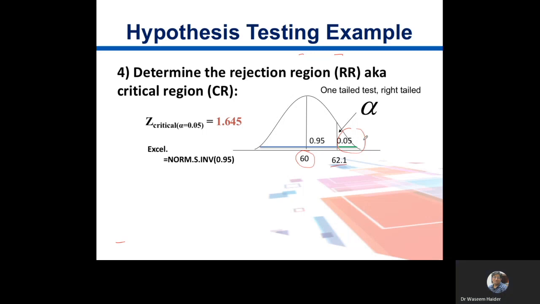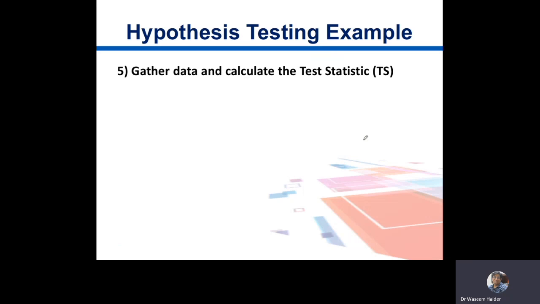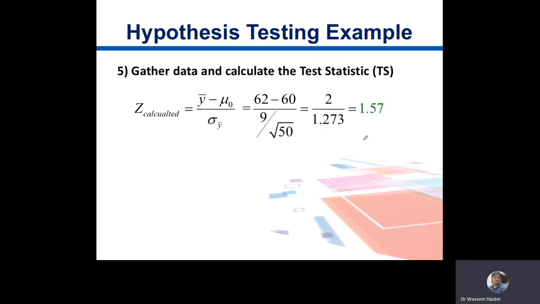We gather data and we do the test statistic, we calculate it, and our test statistic is 1.57. It will be y bar minus the mean under the null, 62 minus 60, divided by the standard deviation divided by the square root of n.